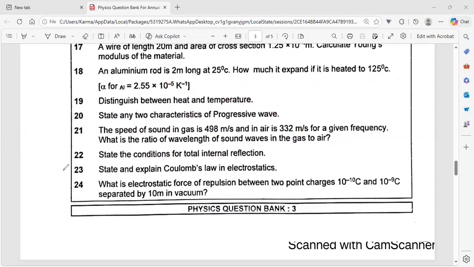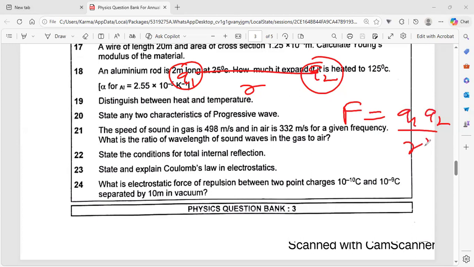State and explain Coulomb's law in electricity. Two charges, Q1 and Q2, are separated by the distance r, and the force of attraction or repulsion between the two charges is directly proportional to the product of the magnitudes of the two charges, Q1 and Q2, and inversely proportional to the square of the distance. The constant introduced in this case is called epsilon. So the force is given by 1 upon 4 pi epsilon 0 Q1 Q2 over r square.